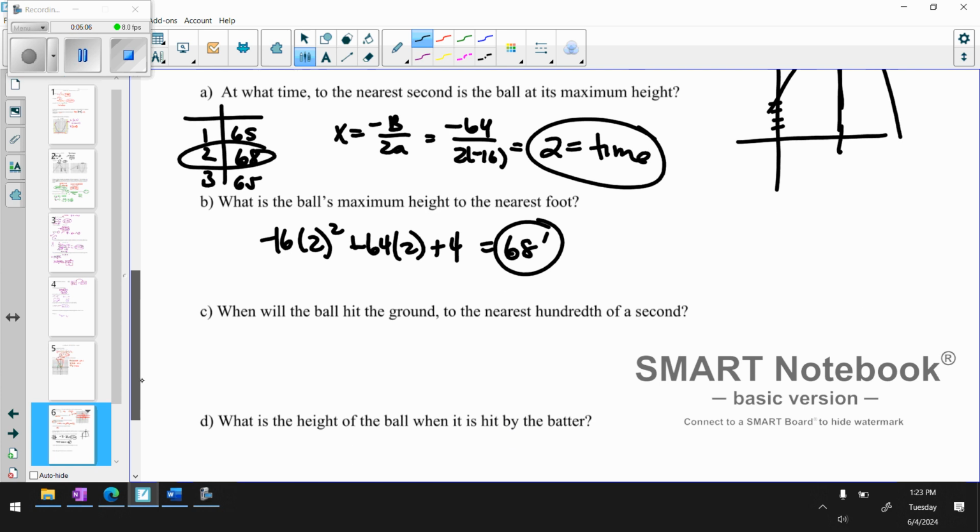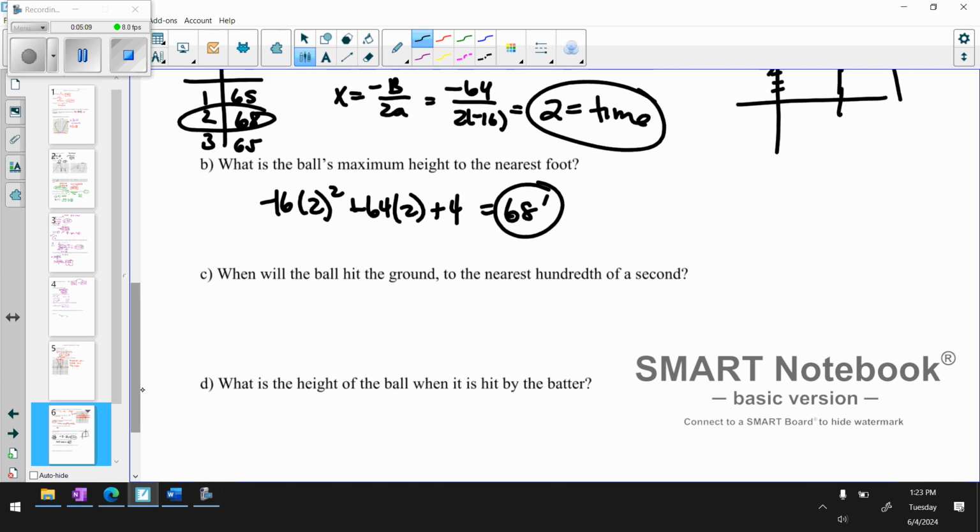When will the ball hit the ground? So again, that means I'm just taking this equation and setting it equal to 0. All right. I would do the quadratic formula. I'll just plug it in.